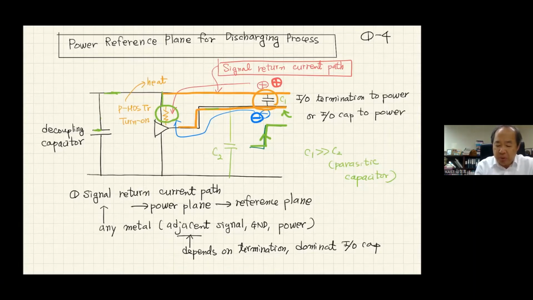In this case, we have only a loop here, and because of that, no return current will be conducted at the conventional signal ground, and no return current will be conducted at the conventional power ground.